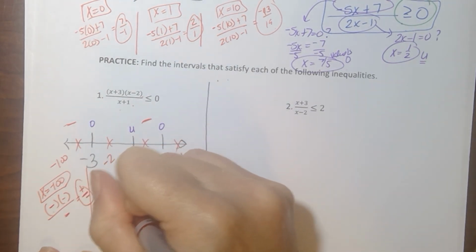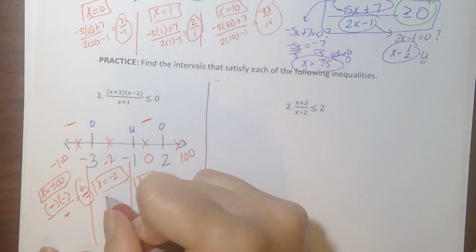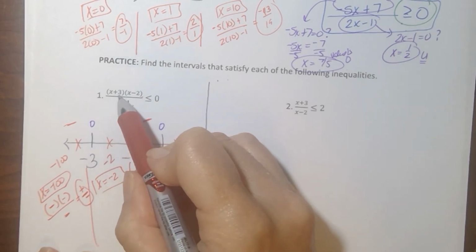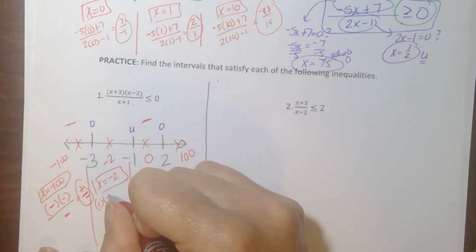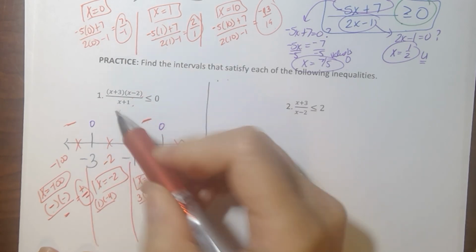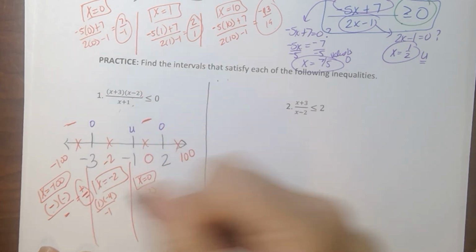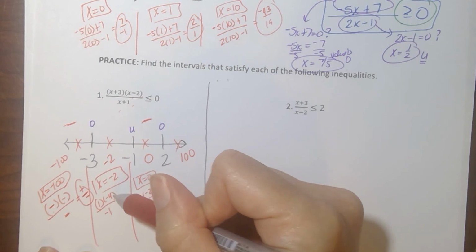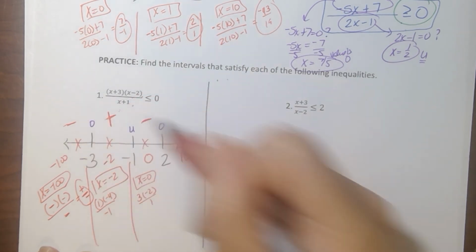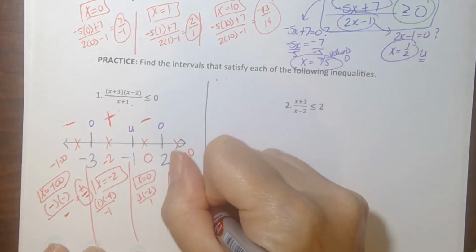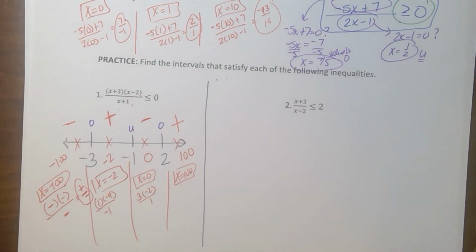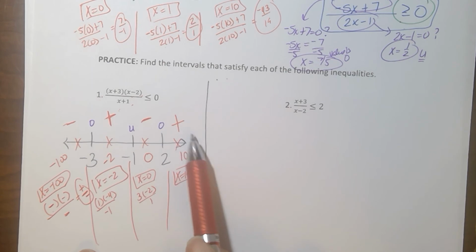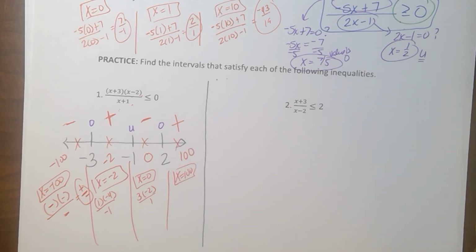When I plug in a -2, I have -2 plus 3 is 1. -2 minus 2 is a -4. -2 plus 1 is a -1. And that gives me a negative divided by a negative, so that interval is a positive. I'm not going to plug in and work through this end because I have confidence that you know how to do that. This end is a positive interval as well.